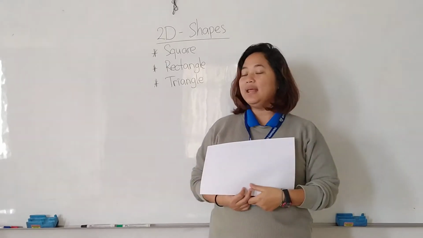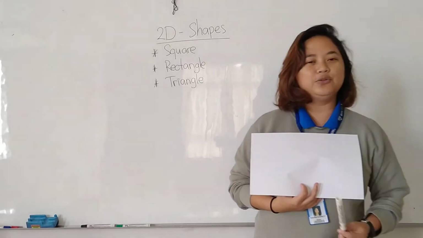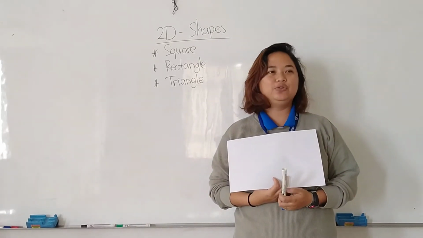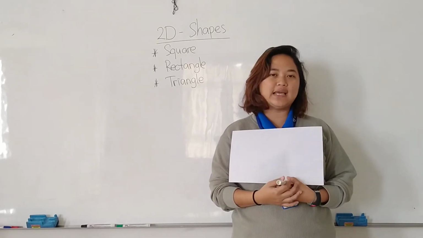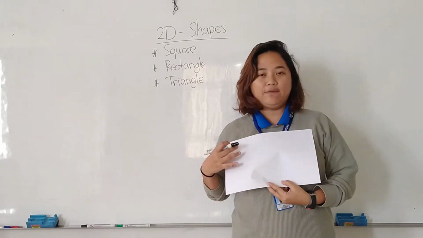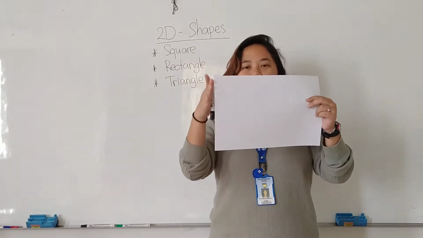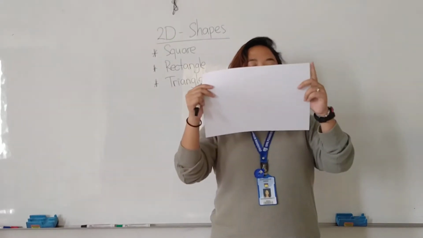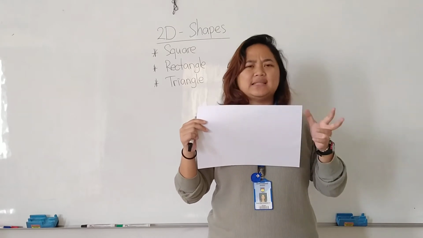That's good. Next, I will also explain how to find how big a 2D shape is. How big a 2D shape is, we call the area. If you see this big paper, we have the length, the width, the length, and the width again. So we will find the area. What is area actually?